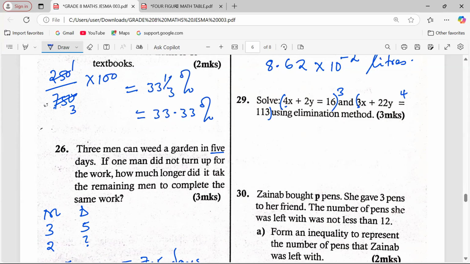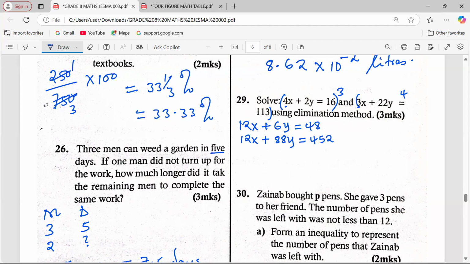When equation 1 is multiplied by 3 throughout, we will have 12x plus 6y equals to 48. Then equation 2, everything by 4. So that we also get 12x at this point. Then we'll be adding 88y. Then this is the same as 452. After this, now we eliminate 12x.